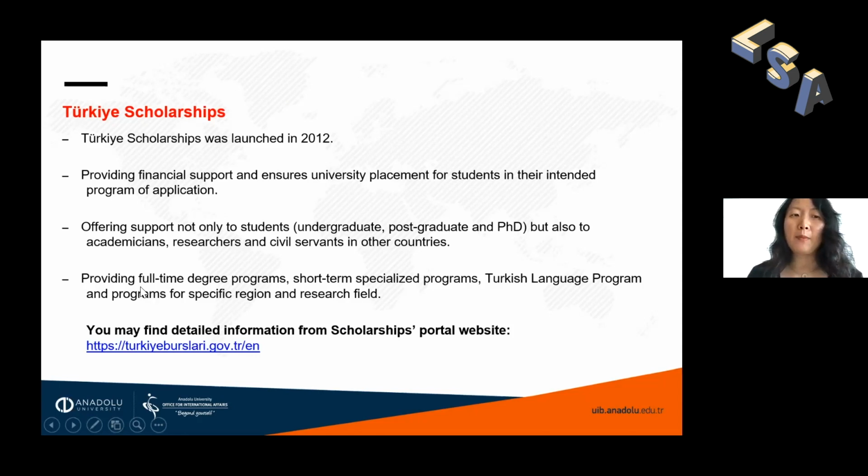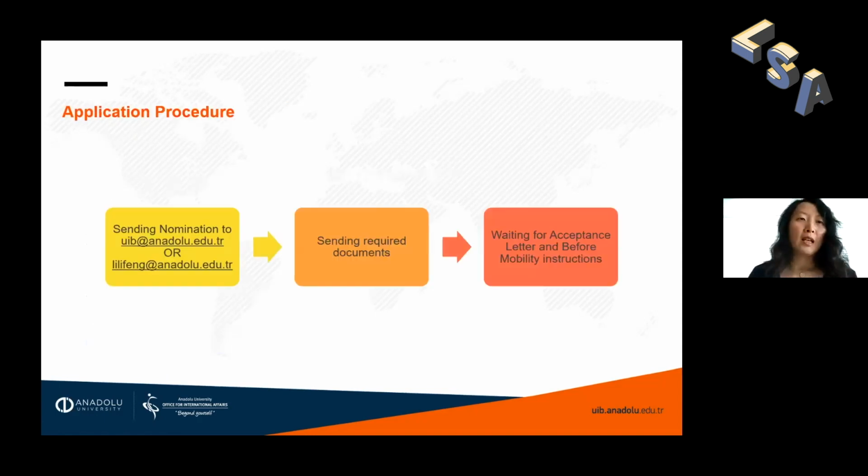So this program also provides full degree programs, short-term programs, Turkish language programs, and other specific programs for specific regions and research fields. For more detailed information, you can visit this website because it contains a lot of information and knowledge. So how should you make an application?